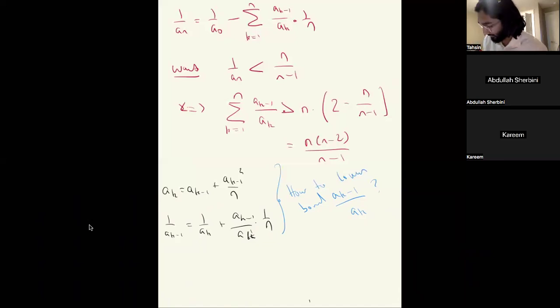The point is you can take this and divide by a_{k-1}. You can say this.